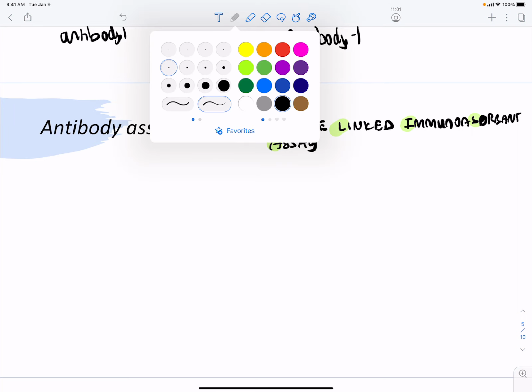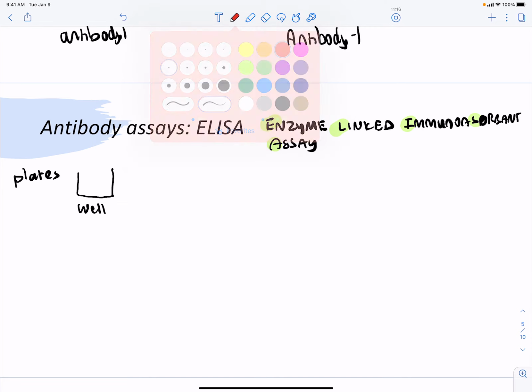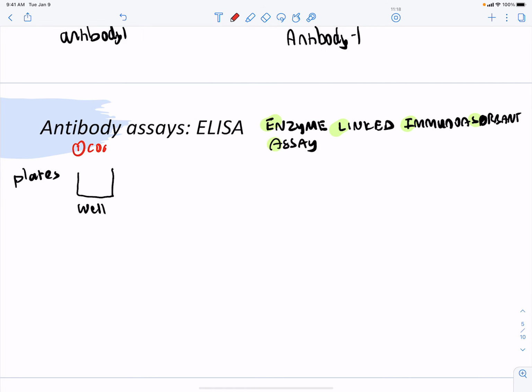And so we have plates, and the plates have these wells. So this is a well. You basically are going to coat the well with your antigen. So you're going to put the antigen on the bottom.